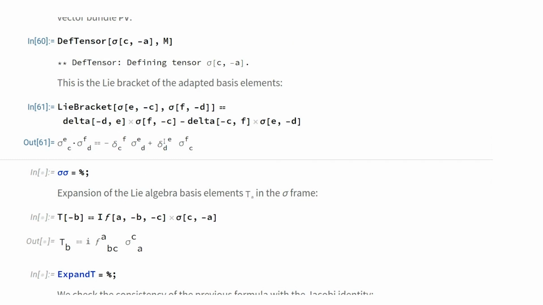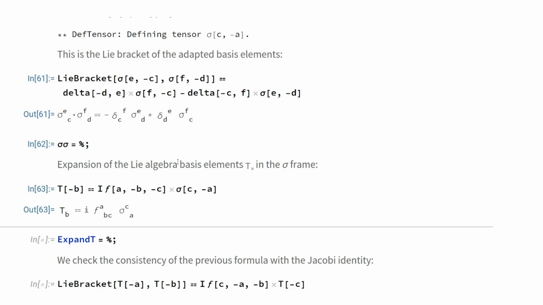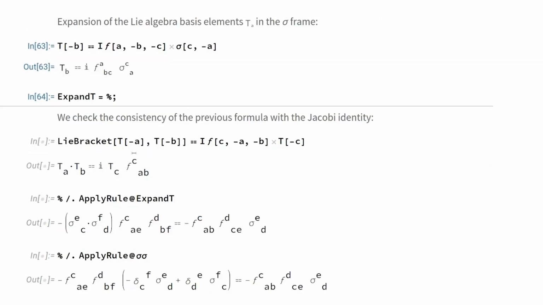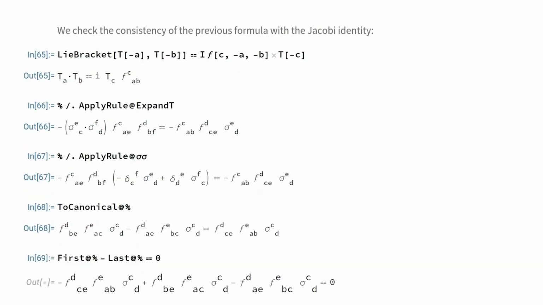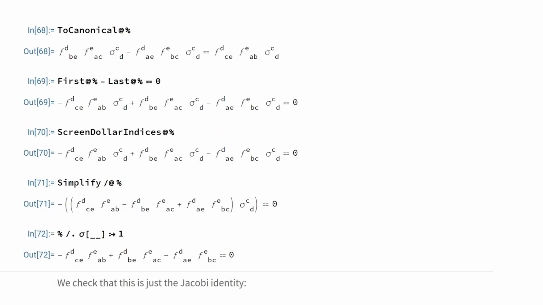The Lie bracket of this generic frame is given by this expression. And I can express Lie algebra generators in terms of the frame, and the coefficients of the expansion are precisely the structure constants. We can check that this is consistent with the Jacobi identity that was obtained before.